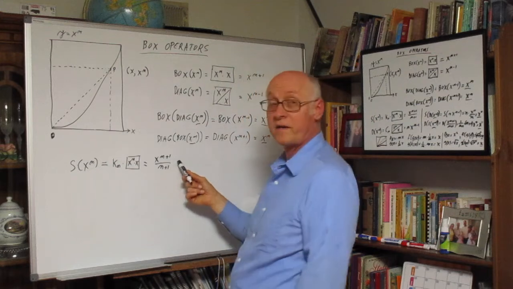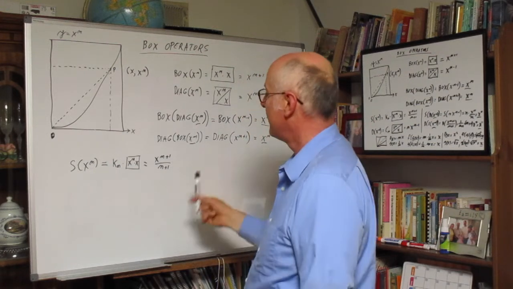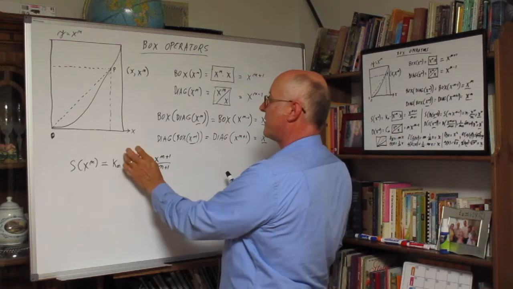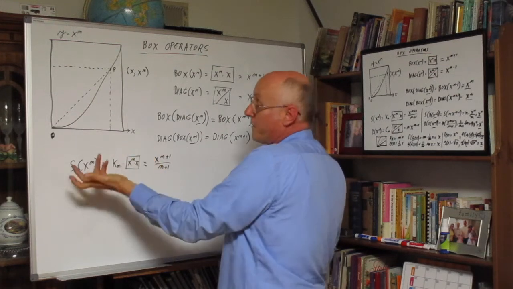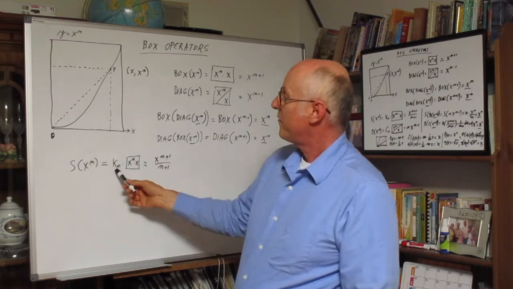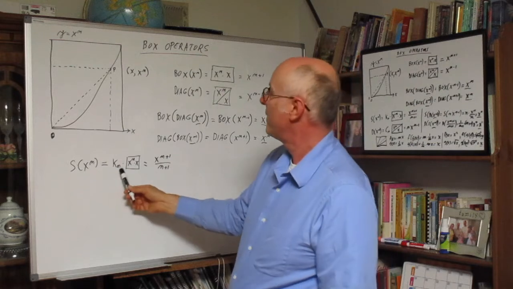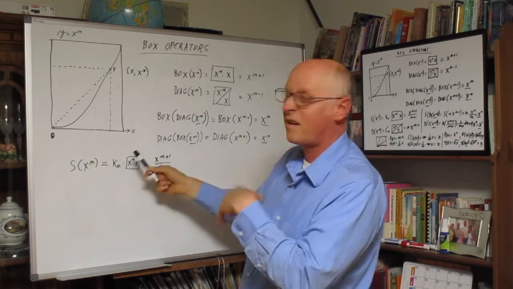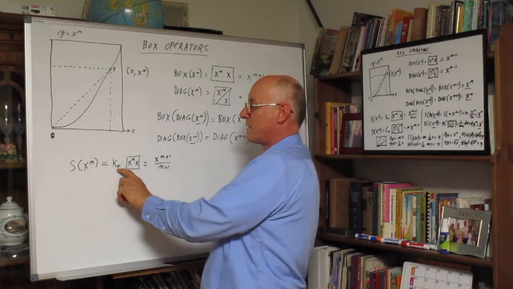This is Cavalieri's famous formula. And notice how it's related to the box. It itself is a box operator with this invariant k sub n, which is, there's only one value for a particular n, and it's the same.